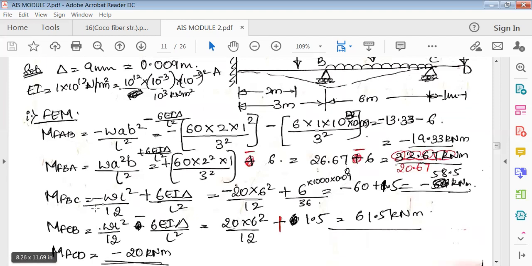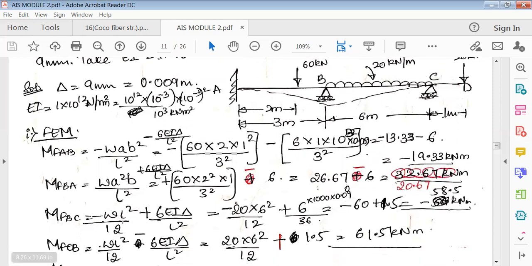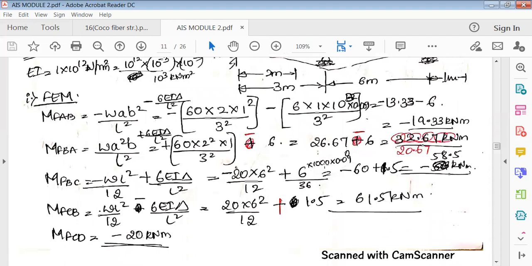So it is minus WL square by 12 plus 6EI delta by L square. Substitute these values here, 6 into delta by L square. All right. Then you'll get minus 60 plus 1.5.